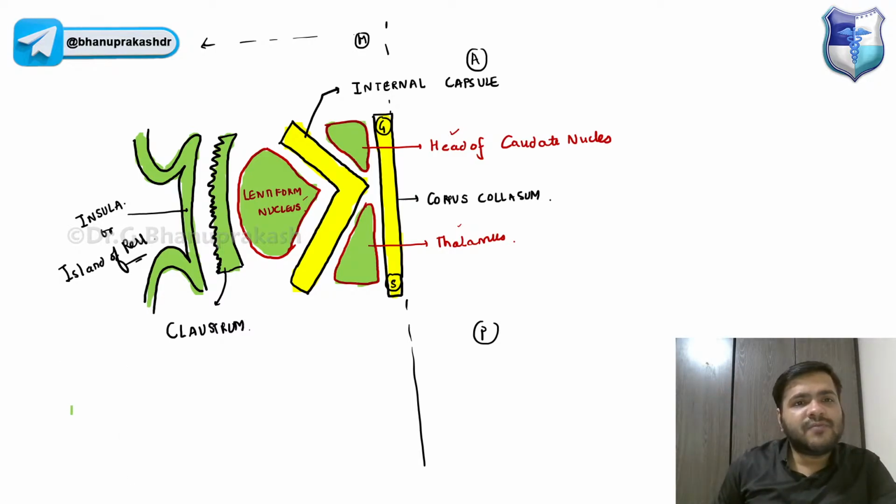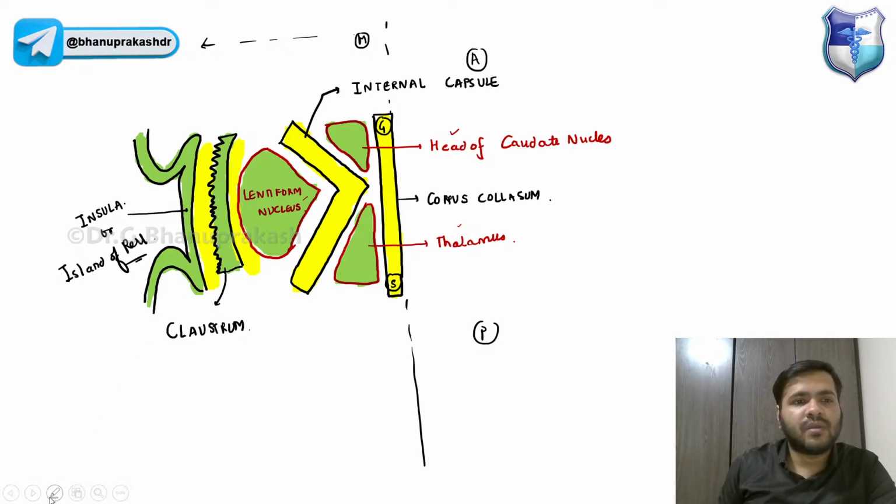Now, guys, in between this claustrum and the lentiform nucleus, there is another white matter bundle which you can see over here.